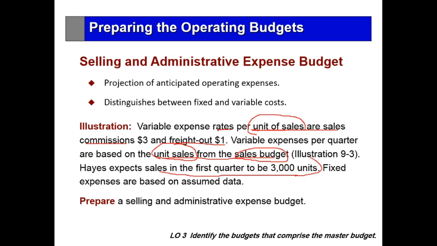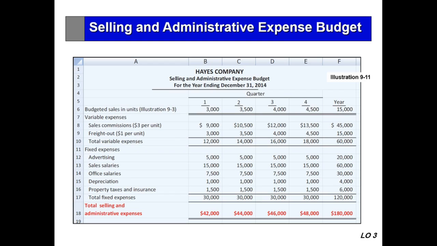This amount is from the sales budget. Fixed expenses are based on assumed data. In this example, as we see in the next slide, the fixed expenses are assumed in the question, they are given in the question.